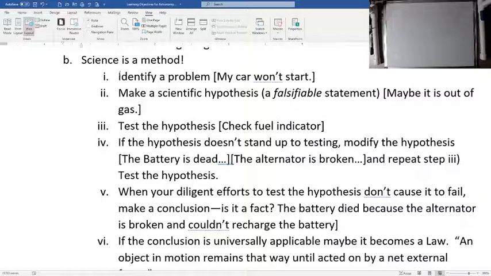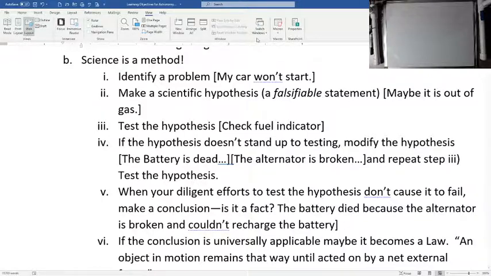And so what I'm doing here is trying to tell you that this is not unfamiliar to you, the scientific method. You probably learned about it in middle school or high school, and it's probably something you use to solve problems already. And so in the scientific method, we begin by just identifying a problem.